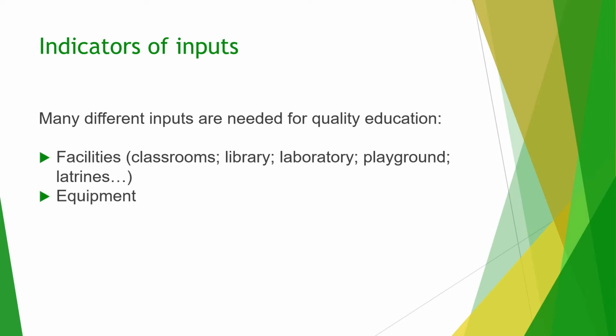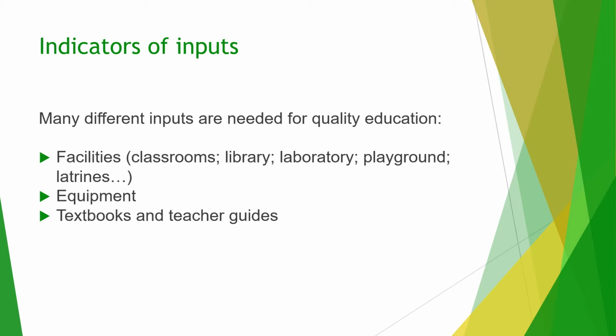We may then think also of equipment. Equipment can go from the very basic, which would be a table and a chair for a teacher, a desk for every student, a blackboard in a room. Equipment is also, of course, things such as functioning electricity, running water. Equipment may go into much more, including maybe a computer in each classroom, a video projector in some classrooms, and so on.